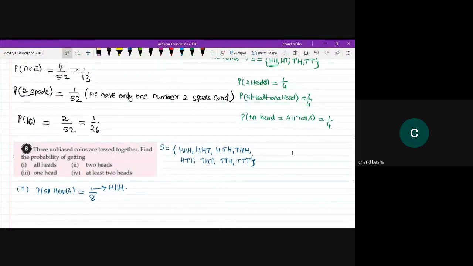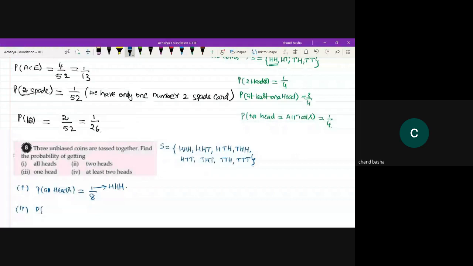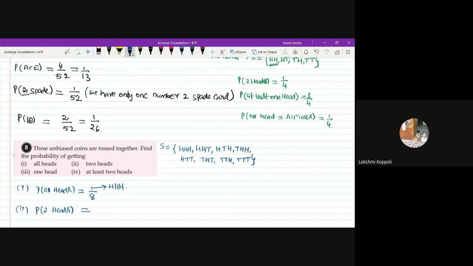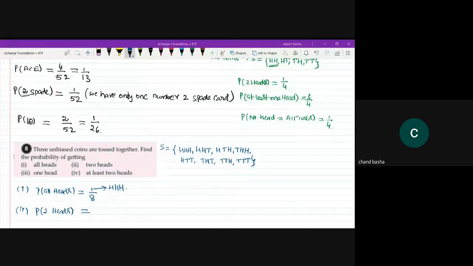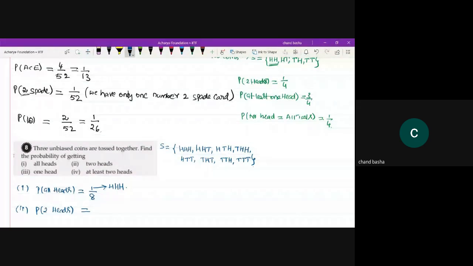If I'm observing two heads, probability of two heads, how many possibilities are you getting? Only 3, not 4. So 3 divided by 8.